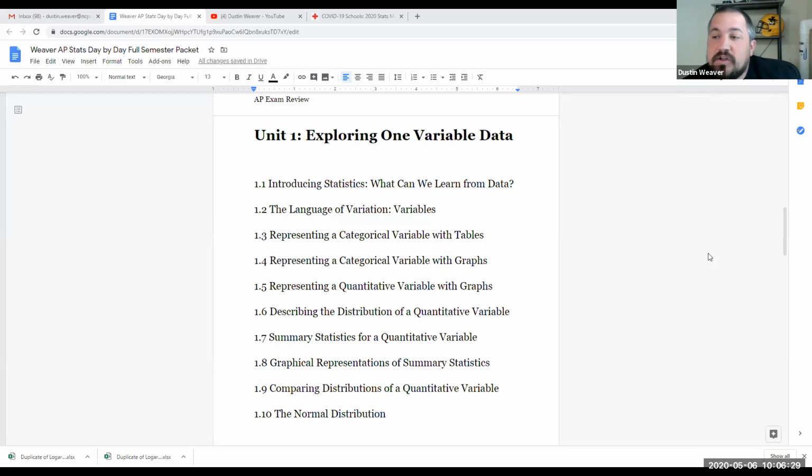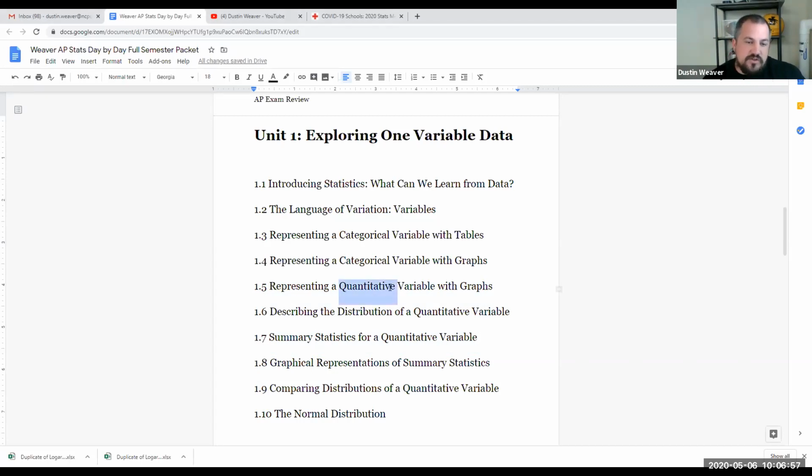So it's like your age or your weight or your height that would be quantitative, whereas maybe the highest degree that you earned in school would be a categorical variable, or the type of car you drive would be a categorical variable.